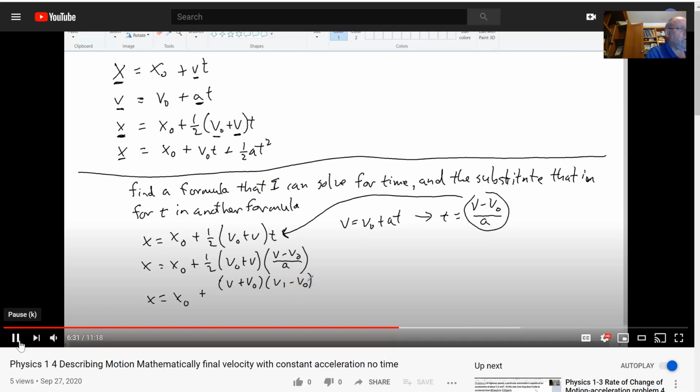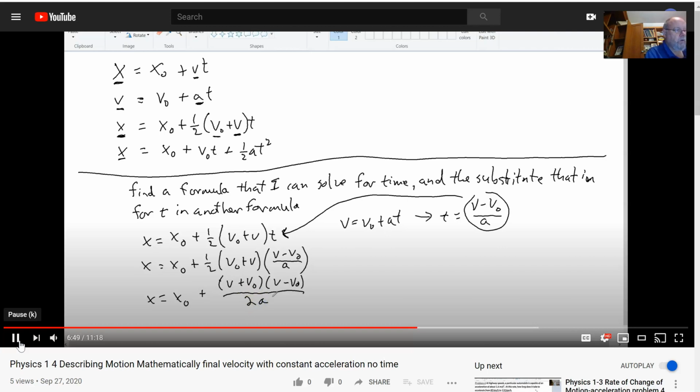I don't know why I put the 1 in there either. v minus v0. Okay, so all I did was I switched the order of these, and then let's just put this all over 2a.